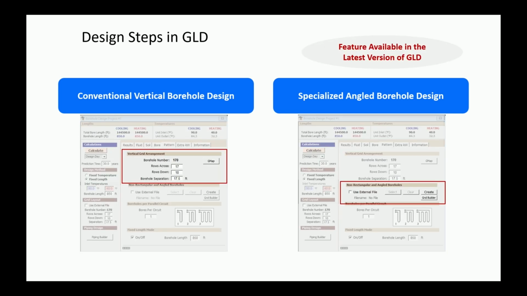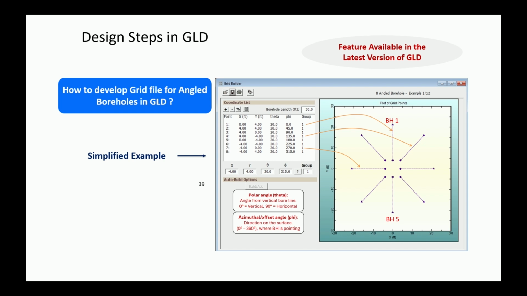And the latest version of GLD has this in there, and it's a lot like GLPro. You're basically putting in vertical arrangements, or you're putting in angled hole arrangements, which is an option that you can just select. And it's something like this, and again, it looks awfully similar to GLPro, and you could pull this information in from a spreadsheet.